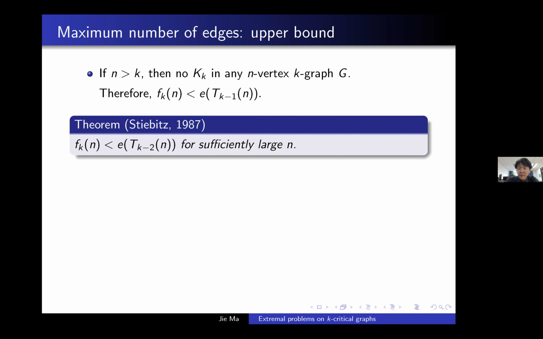Then Stiebitz in 1987 improved this. He proved that f_k(n) is one step further: this is strictly less than the number of edges in the (k-1)-partite Turán graph when n is big.